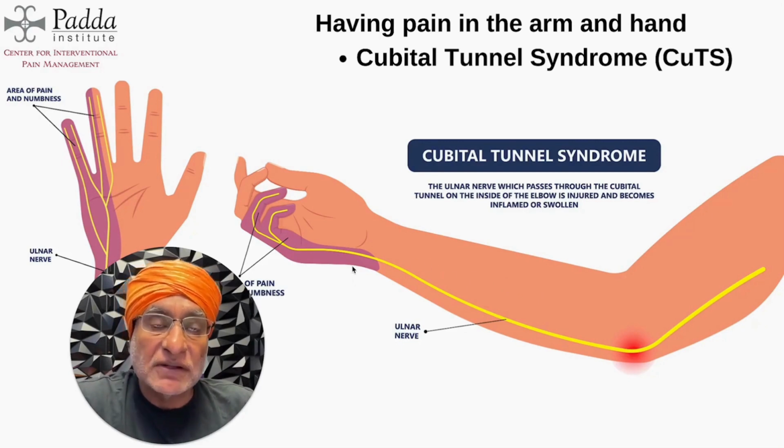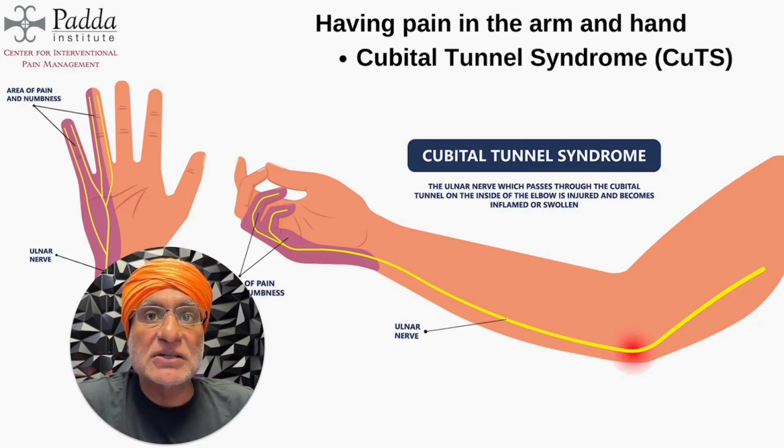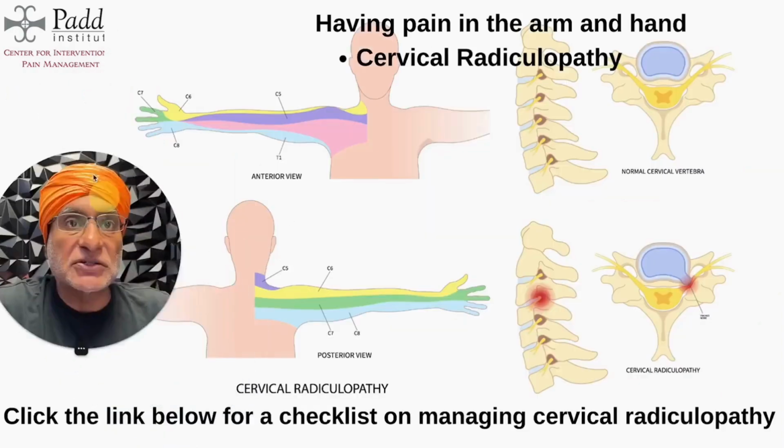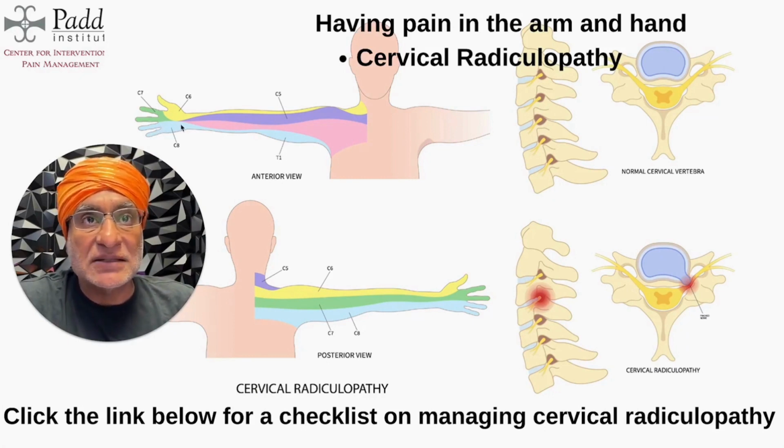This is often confused, though, with cervical radiculopathy. Cervical radiculopathy is a whole different issue. Cervical radiculopathy is because you've compressed a nerve in your neck, and these nerves follow a particular dermatome. And so sometimes a cervical radiculopathy will look like a C8 compression, which will overlap what a cubital tunnel looks like.